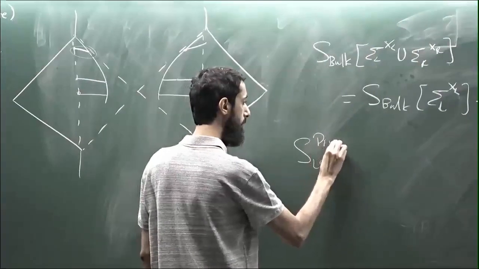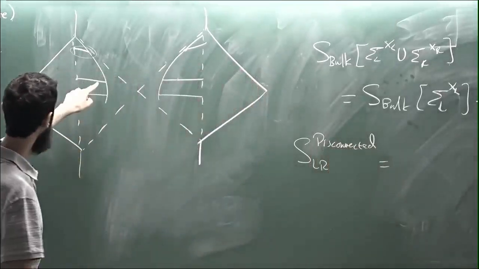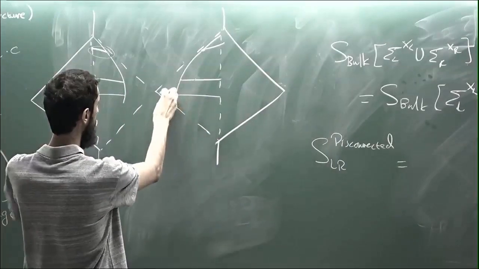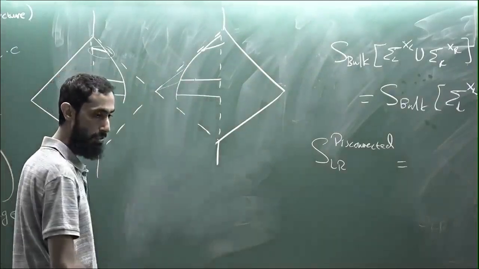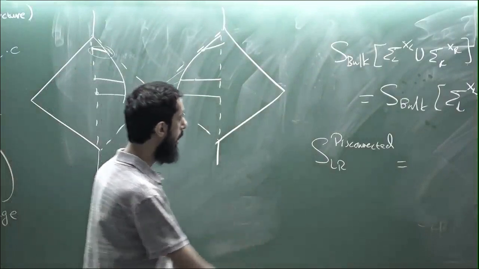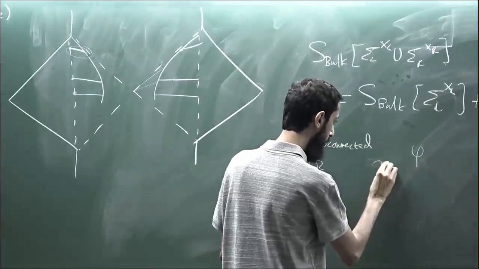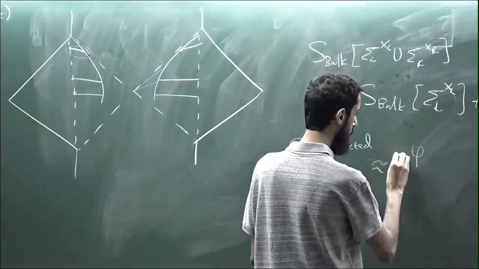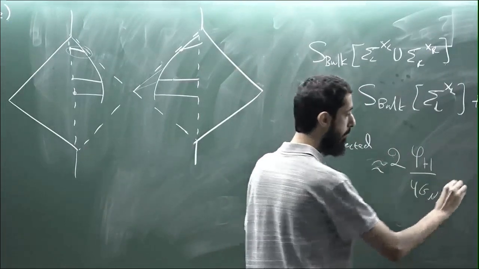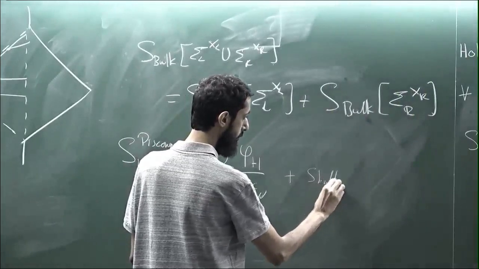S LR disconnected. I claim, so I drew it close to the horizon on purpose. It's actually very close to the horizon. In terms of a Schwarzschild radial coordinate, it's almost, I guess, a Planck length away. And so this disconnected surface is approximately just the dilaton, or twice the dilaton at the horizon, divided by 4G Newton, plus S bulk terms, which are small.